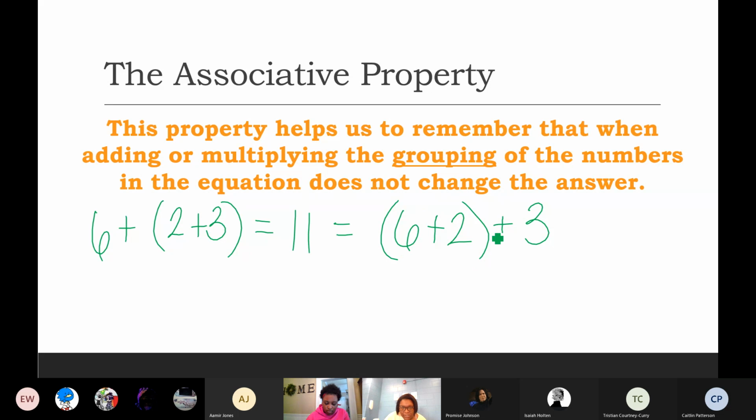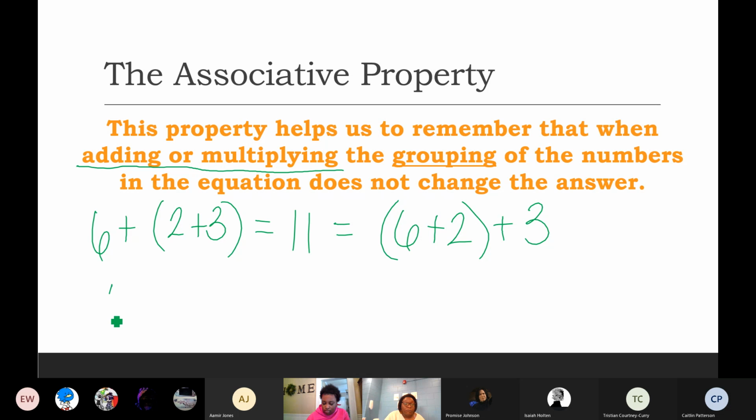Notice I just moved the grouping of the numbers, it would still equal 11. That doesn't change anything. Now, this is just like with the commutative property. This is only true with adding and multiplying, okay? With adding and multiplying.